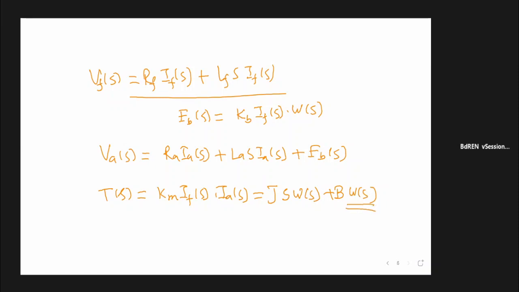But in many of our cases, if we want to use armature controlled machines only, then the field excitation is fixed. In this case, what will happen? These two will come into the form of another constant. Then your back EMF will be a constant K multiplied by omega(s).